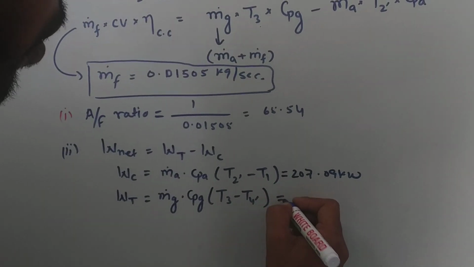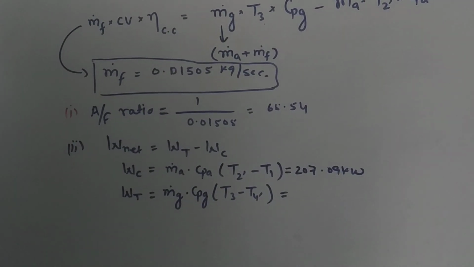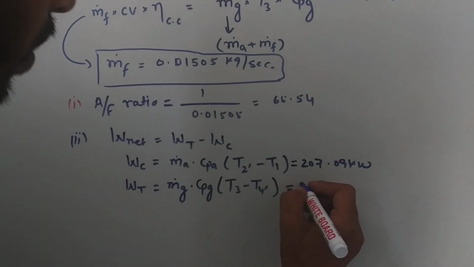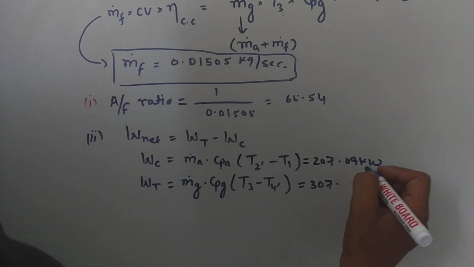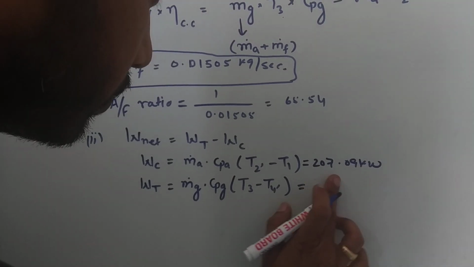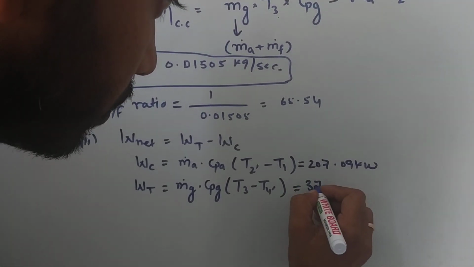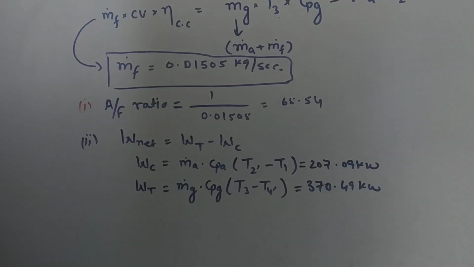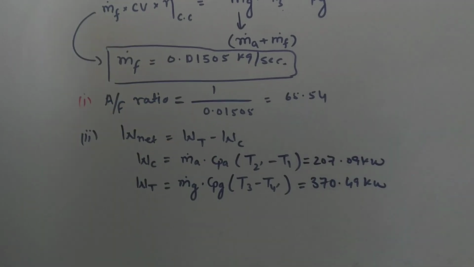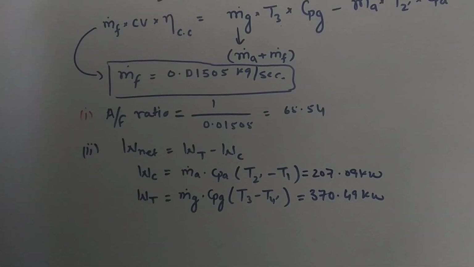On putting the values in this expression, we will get the turbine work as 370.049 kilowatt.